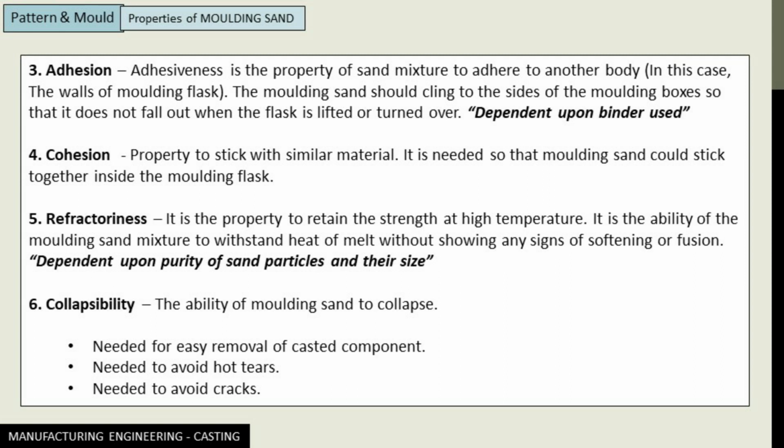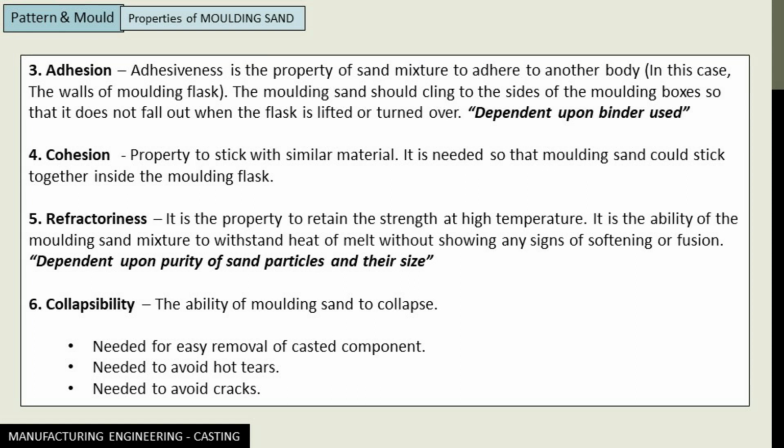Next we have adhesion or adhesiveness, which is the property of sand mixture to adhere to another body. The other body is nothing but the walls of the molding flask. The molding sand should cling to the sides of the molding boxes so that it does not fall out when the flask is lifted or turned over.